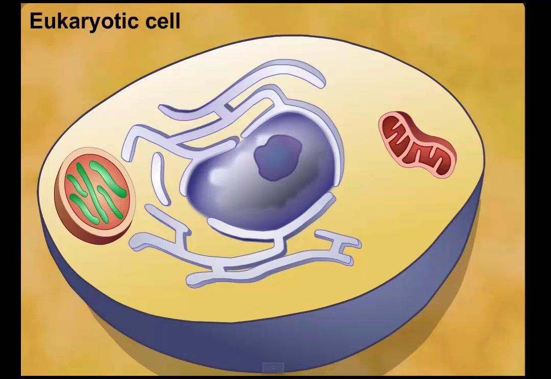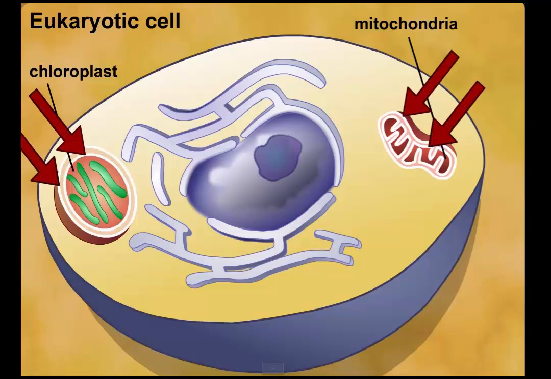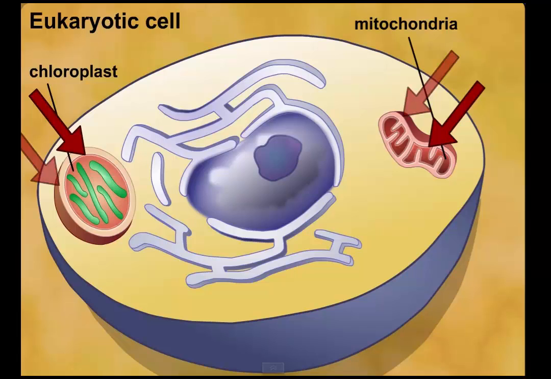Several facts provide evidence for the endosymbiotic hypothesis. A few examples include: 1. Mitochondria and chloroplasts contain their own circular DNA, similar to DNA in bacteria. 2. Both mitochondria and chloroplasts are surrounded by two membranes.